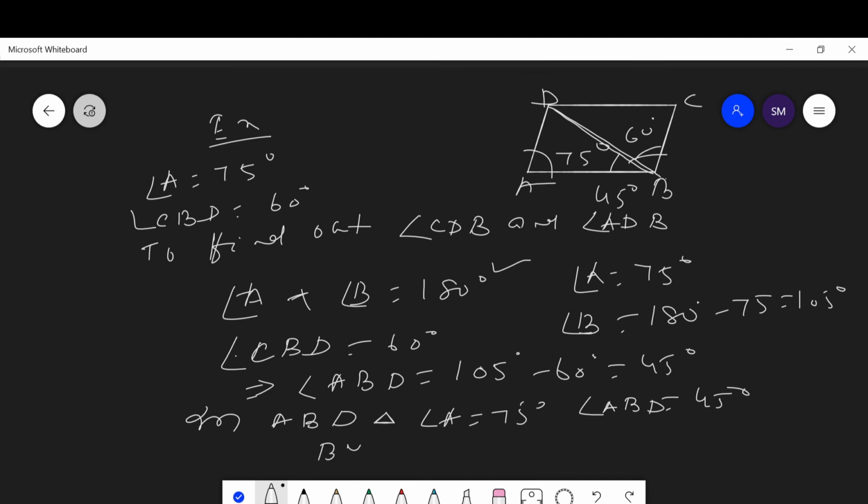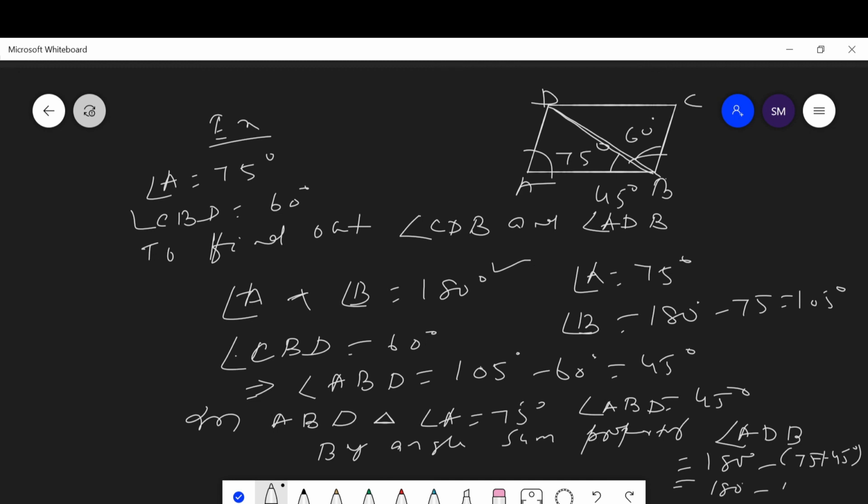Then by the angle sum property, angle ADB is equal to 180 minus (75 plus 45) degrees, which is equal to 180 minus 120, which is equal to 60 degrees. Angle ADB is 60 degrees. And now let us find this angle.